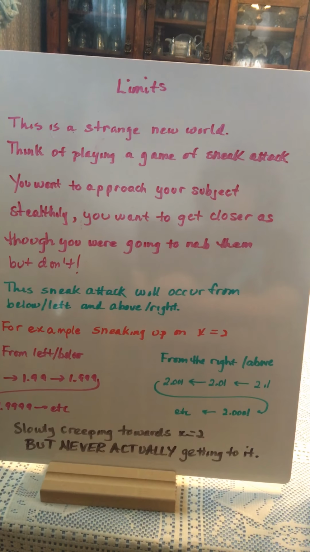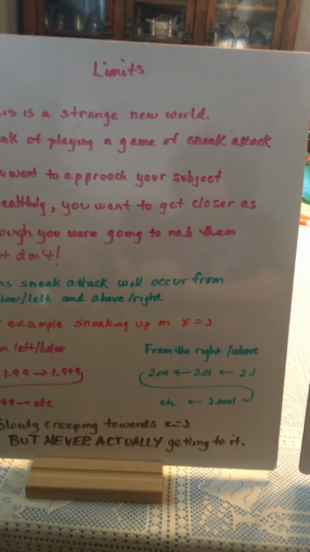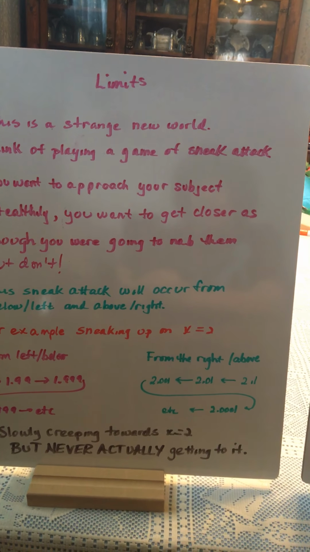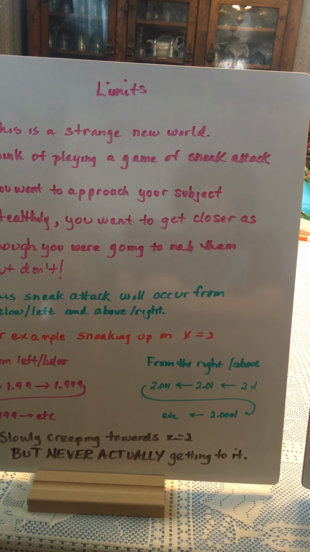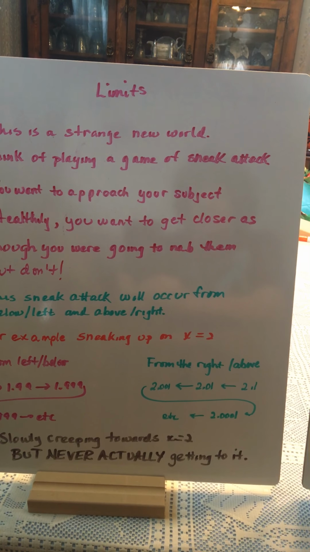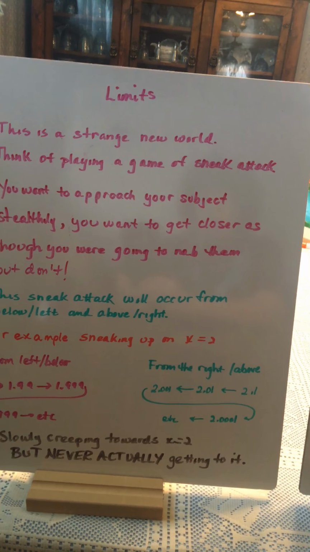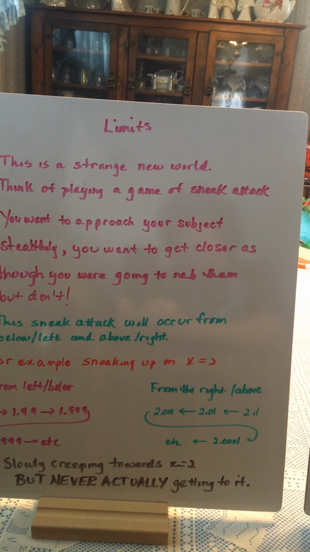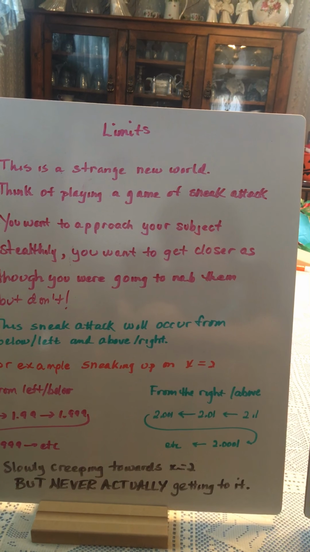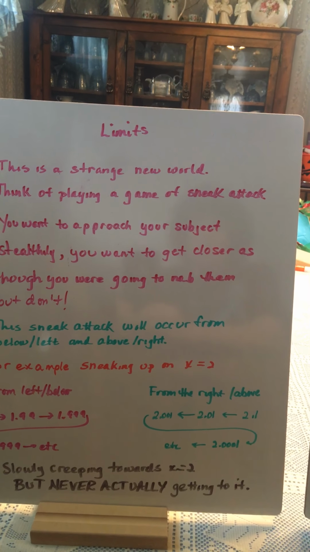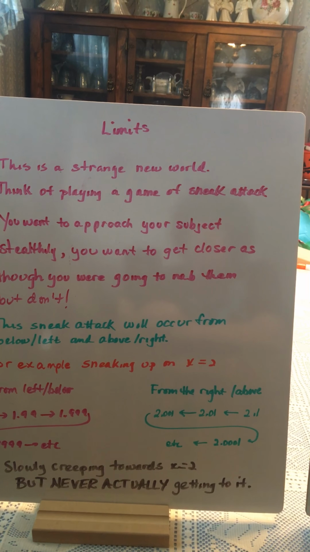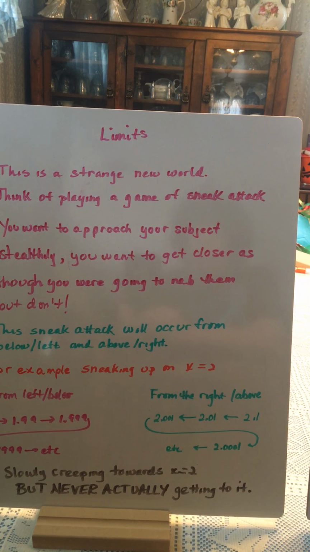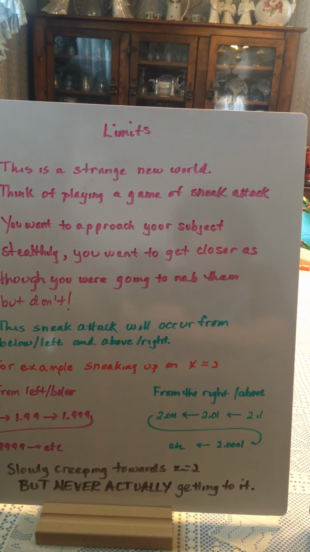From the right, that is above, you might start at 2.1, go to 2.01, then 2.001, then 2.00001, and keep on going in this pattern to 2.000000000000000000001, but you never get to 2. You just slowly creep towards x equals 2, but you never actually get there.